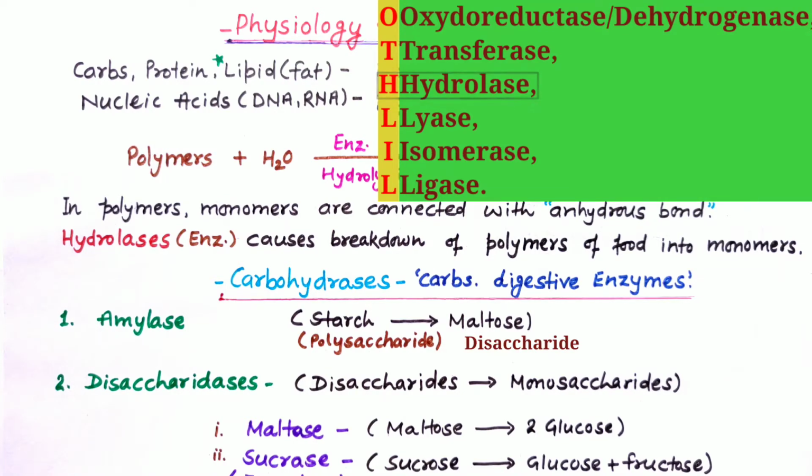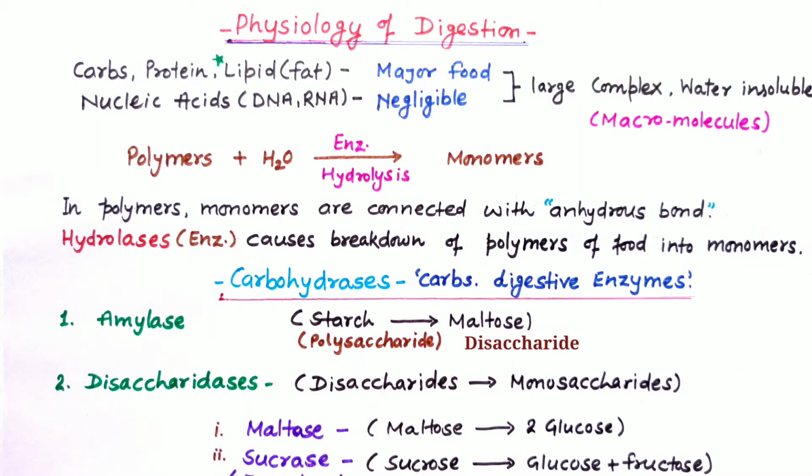Out of these 6 categories, hydrolases, category number 3, are used for digestion related activities. During digestion, the polymers are converted into their respective monomers, which are connected by anhydrous bonds in the polymers. So what is an anhydrous bond? This is the bond formed between two monomers by the release of water.